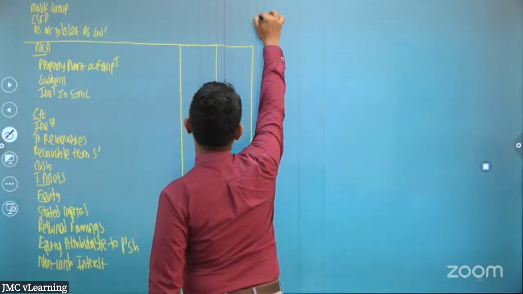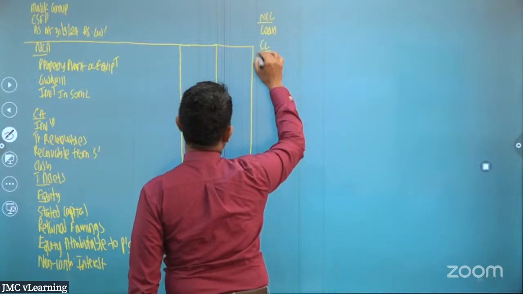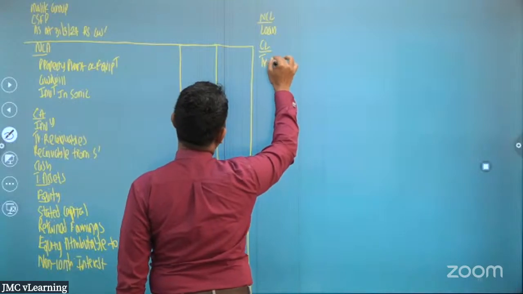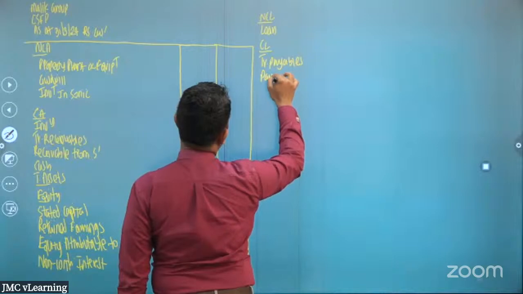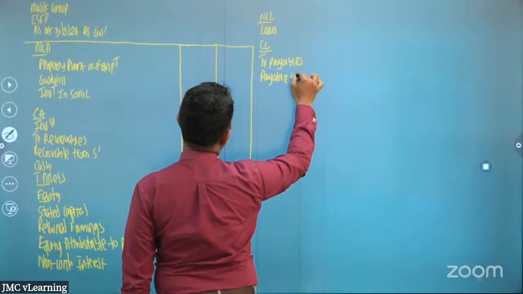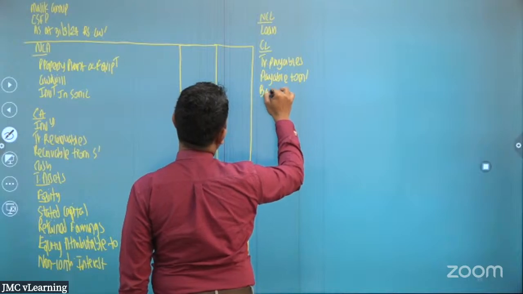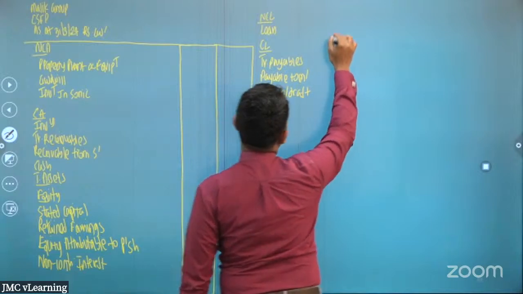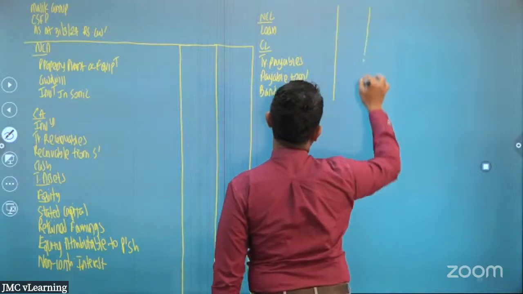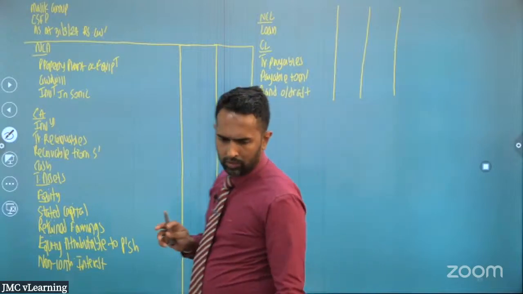Then non-current liabilities, loan, and current liabilities: trade payables, payable to Malik, bank OD. Right. So this is the format.